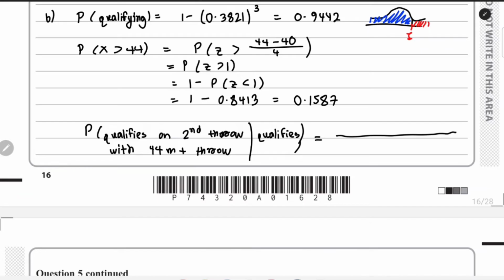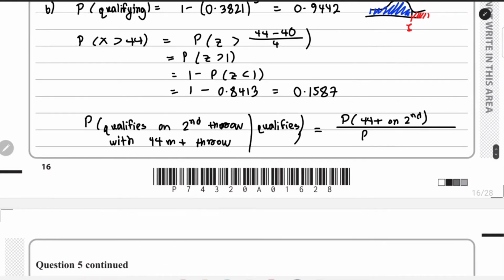So this will be the probability of 44 plus on the second time, intersection probability of qualifying, so this will be the same thing, divided by the probability of qualifying.